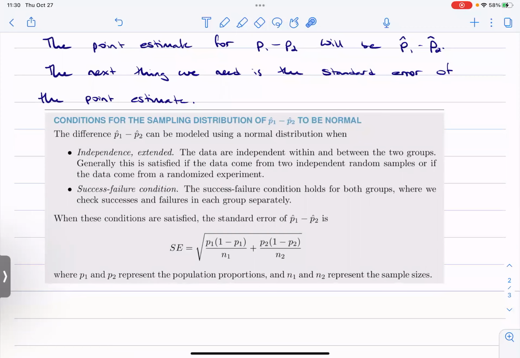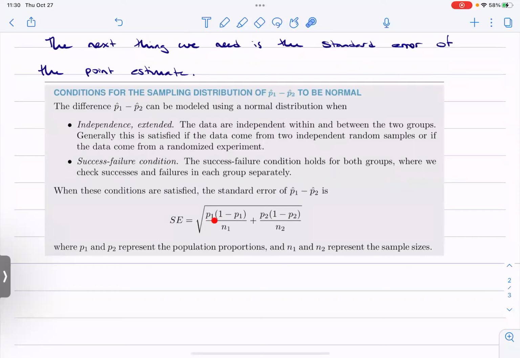So then the standard error is going to be the square root of P1 Q1 over N1 plus P2 Q2 over N2. Or if you prefer to write it 1 minus P1, 1 minus P2, that's fine. I think it looks a little bit less daunting if I use the Q's.